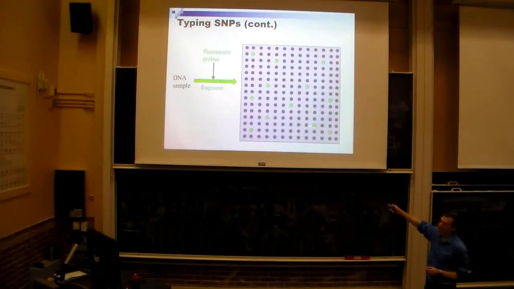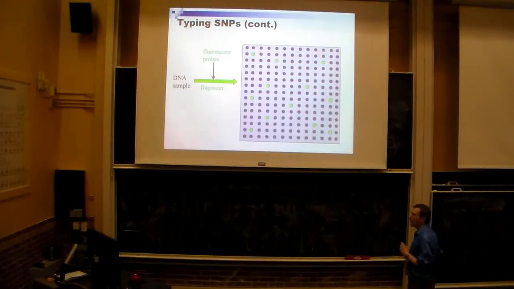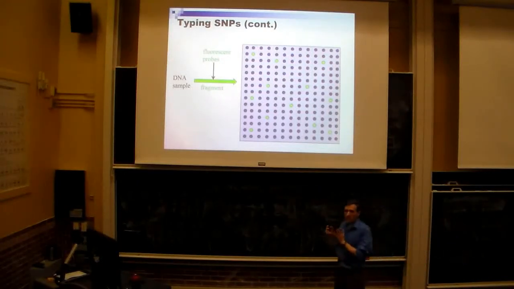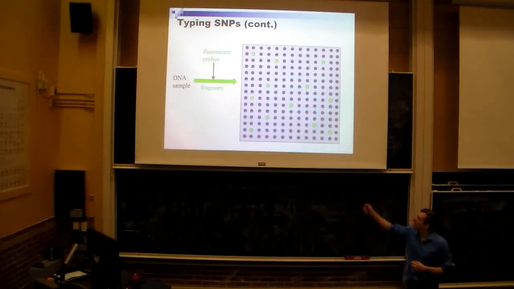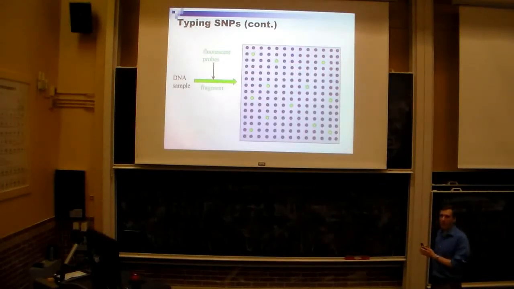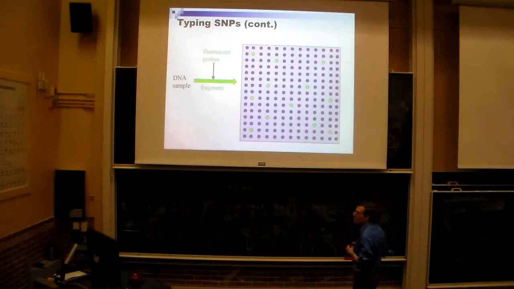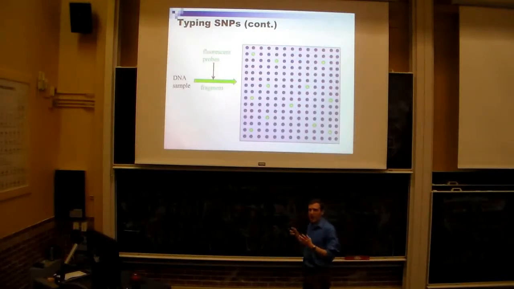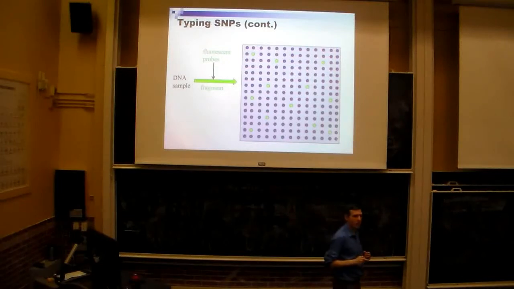So if you have set up your spots so that every little sequence you're interested in has a spot complementary to it, then you will get fluorescently labeled DNA attaching to precisely those spots complementary to the things of interest to you. And then by shining a black light on this, or shining the right frequency of light, you can get the spots to light up to show you which pieces of DNA were in your sample.